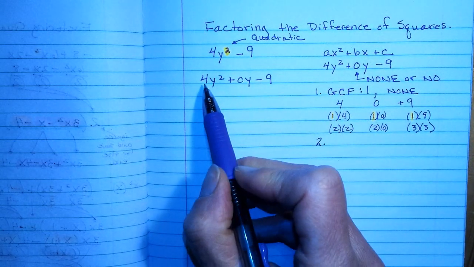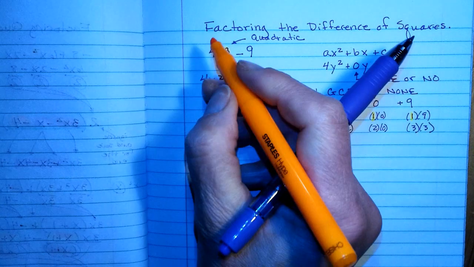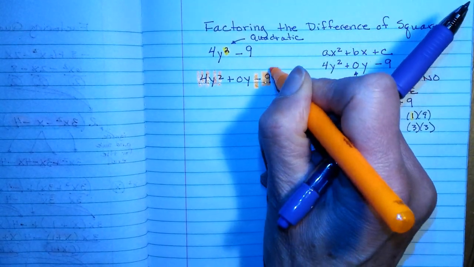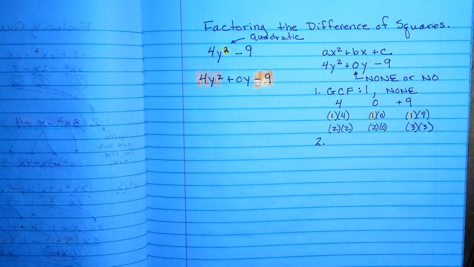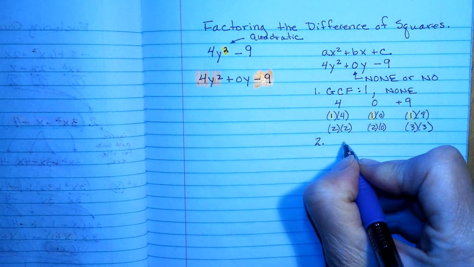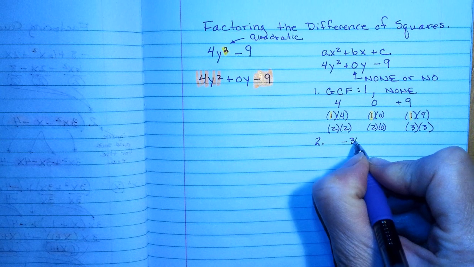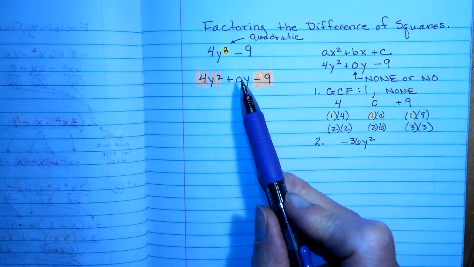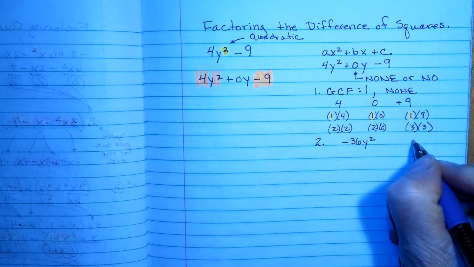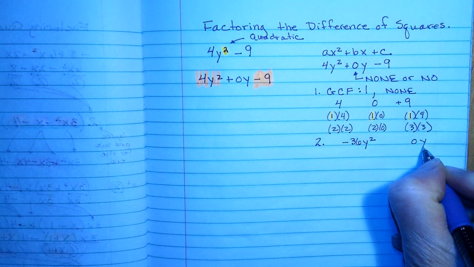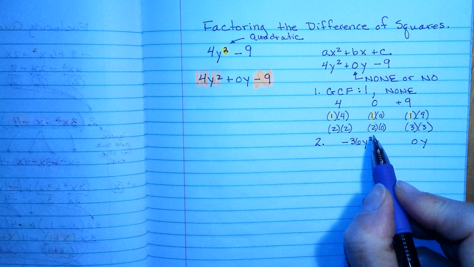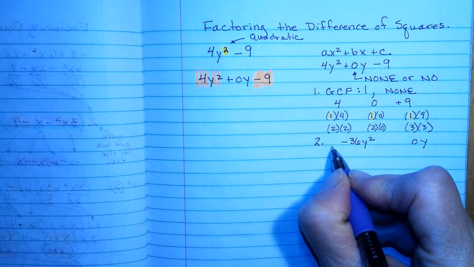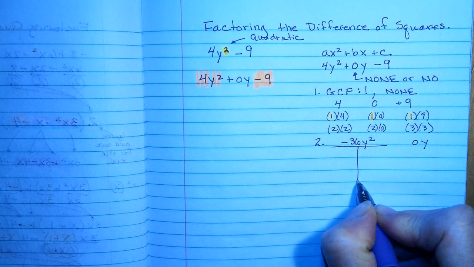So step 2 is I'm going to multiply my first term and my last term, which gives me negative 36y squared. But I want my center term right here, 0y. So I'm looking for my factors of 36y squared that will add up to 0y.